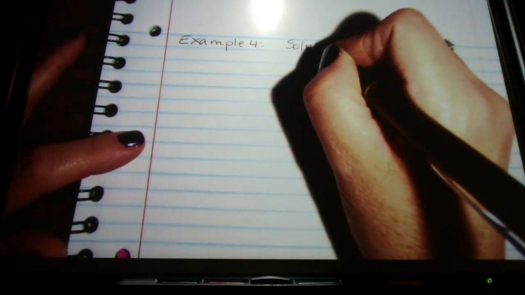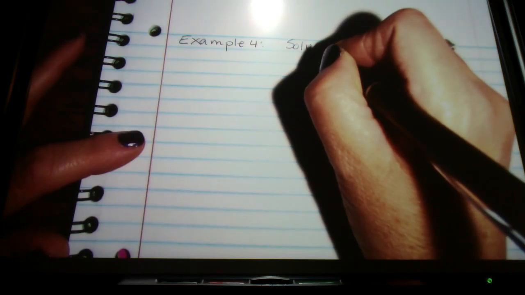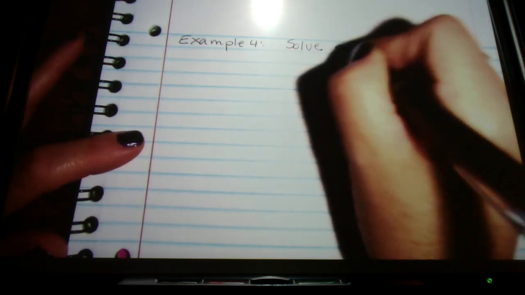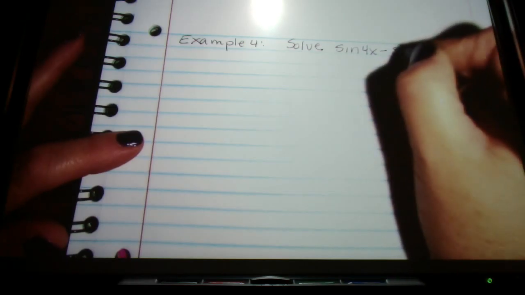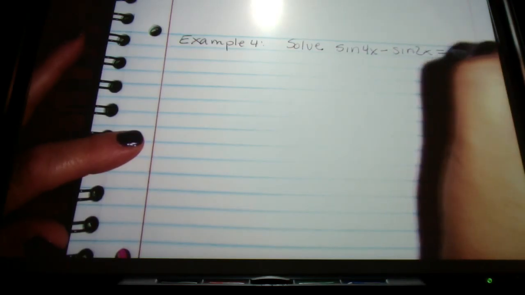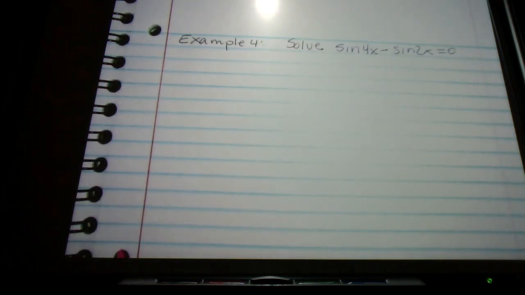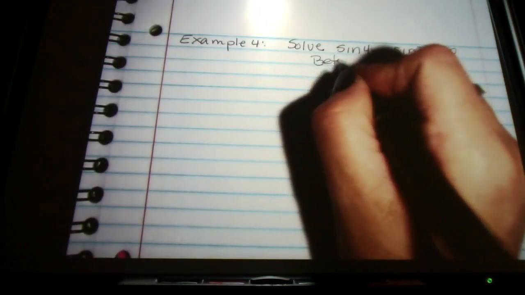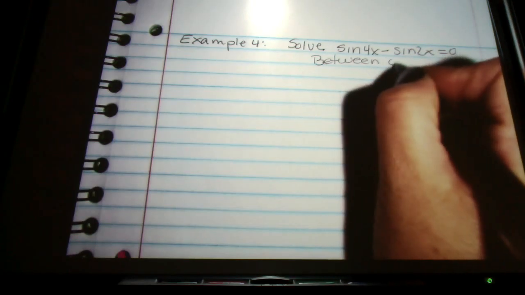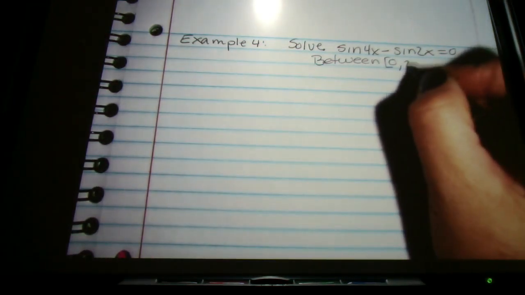Solve sine of 4x minus sine of 2x equals 0 on the interval 0 to 2 pi.